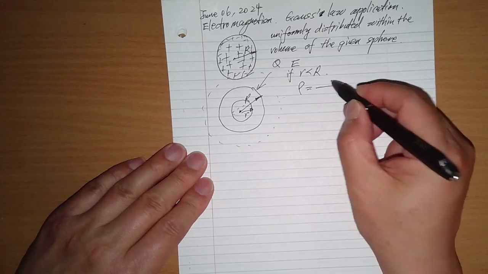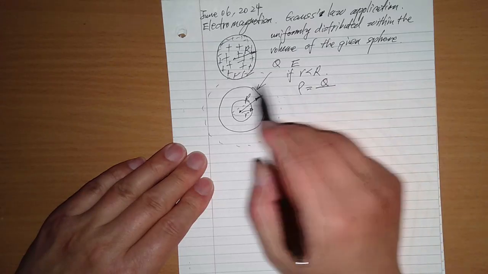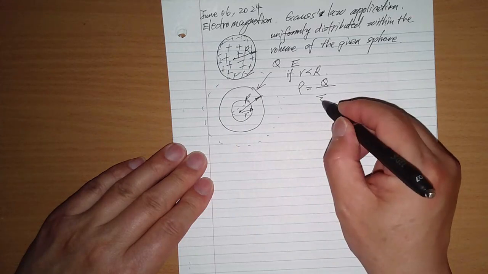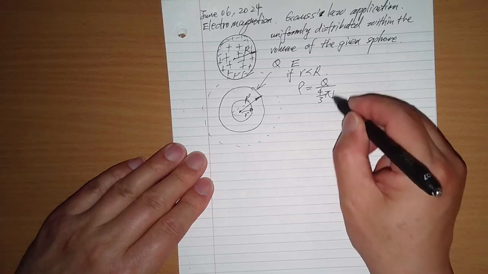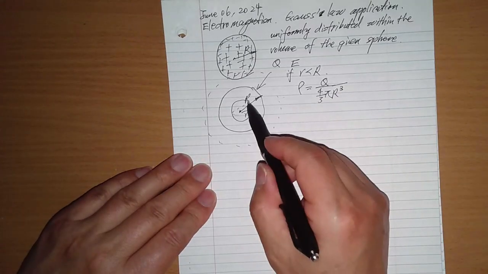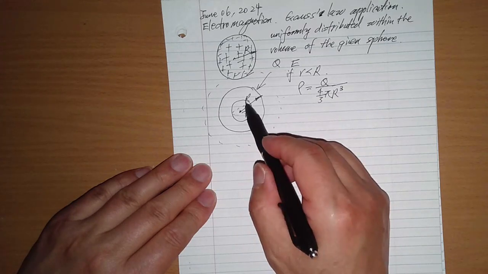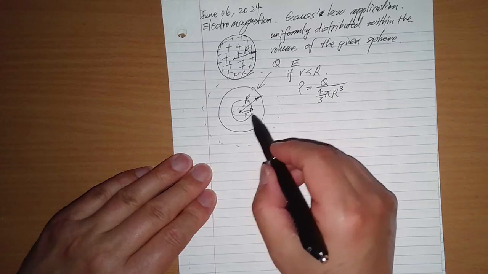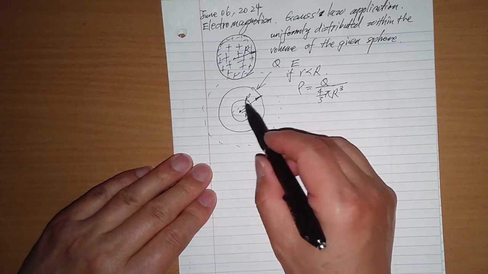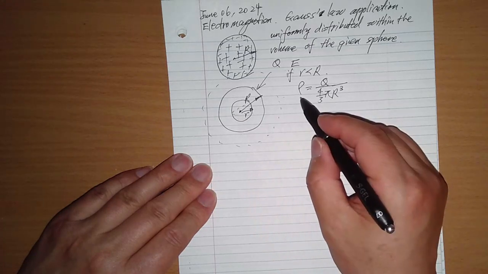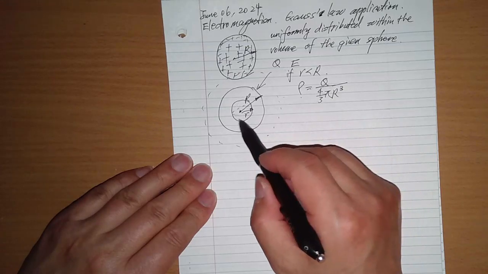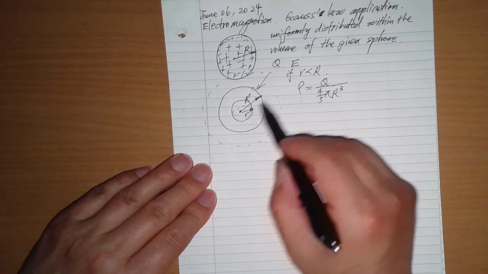Rho actually is the total charge divided by the volume of the sphere, which is that, right?